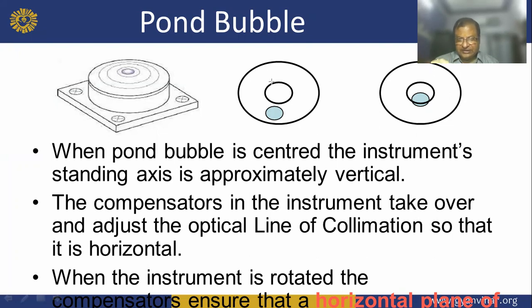When the pond bubble is centered, the instrument standing axis is approximately vertical. The compensator in the instrument takes over and adjusts the optical line of collimation so that it is horizontal.